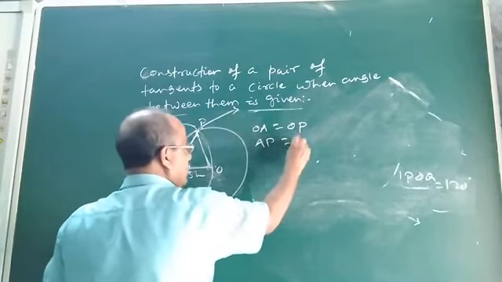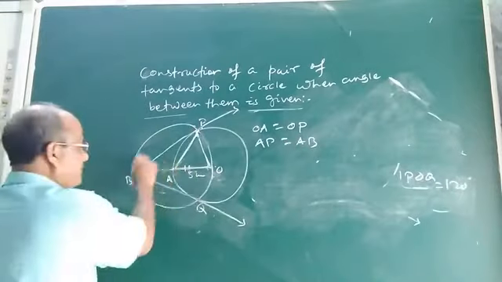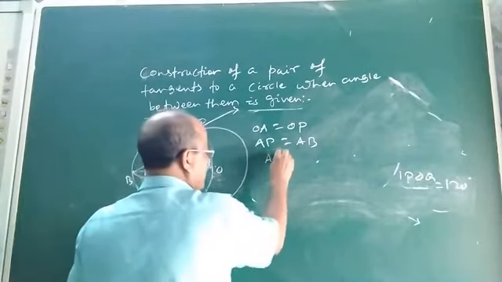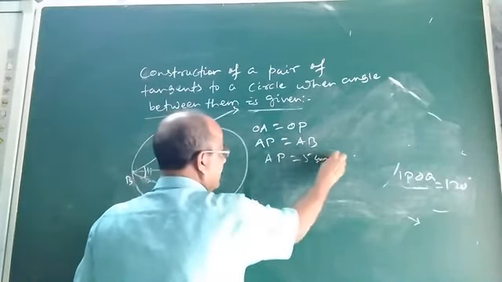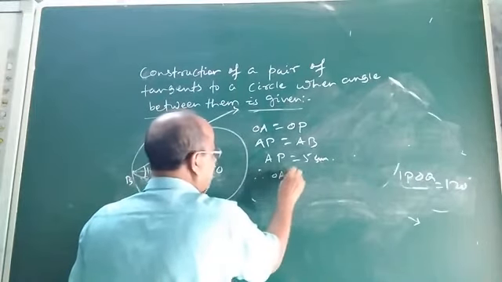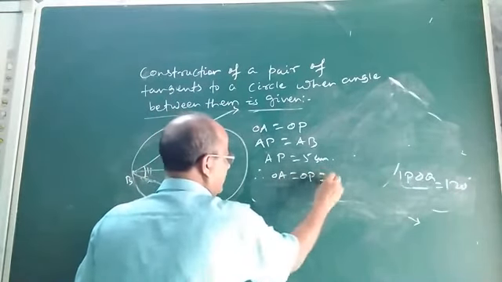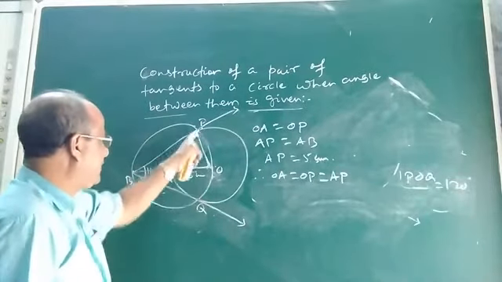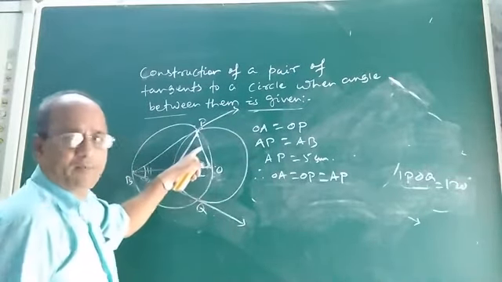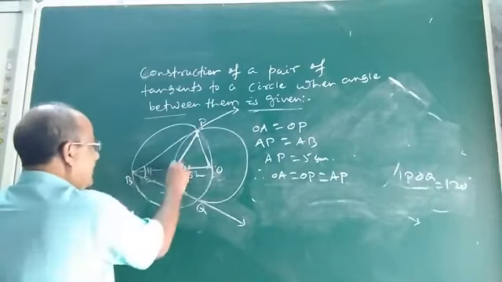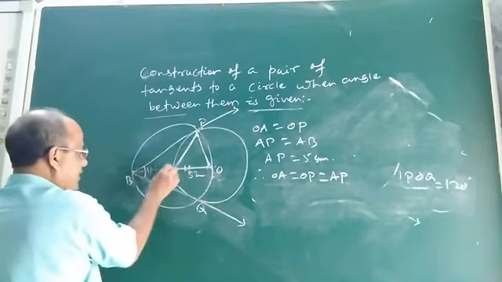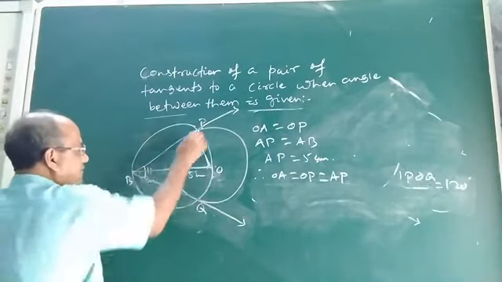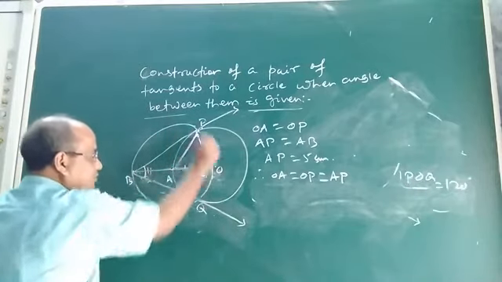AP equal to AB, it is 5 cm. That means AP is also 5 cm. Therefore, OA equal to OP equal to AP. OA and OP are radii of the given circle, of length 5 cm. But AP and AB are radii of the circle which we have drawn, and AB is 5 cm.